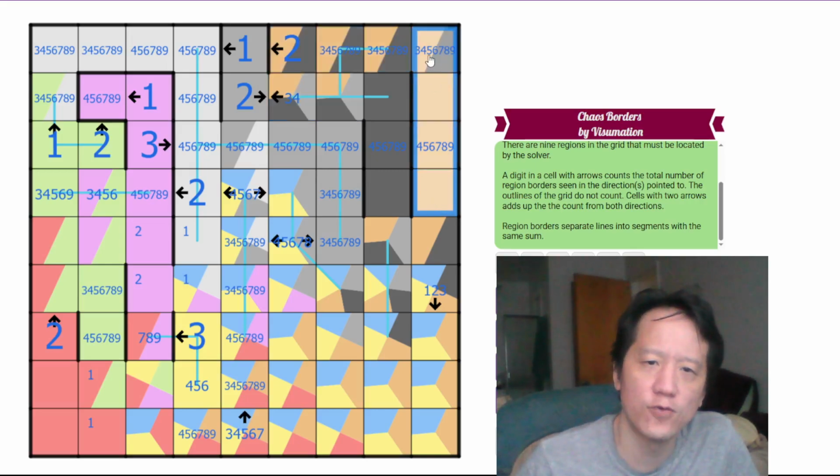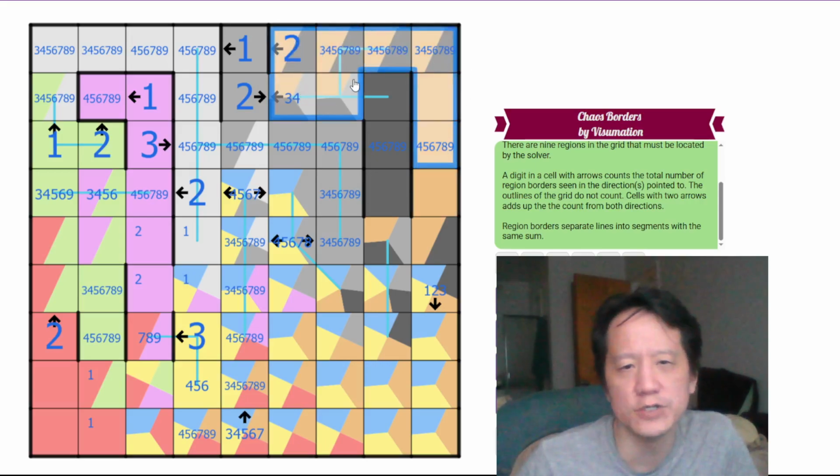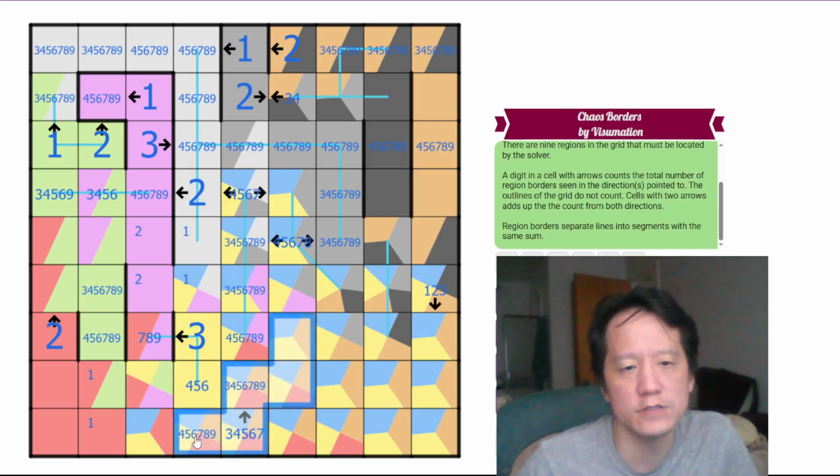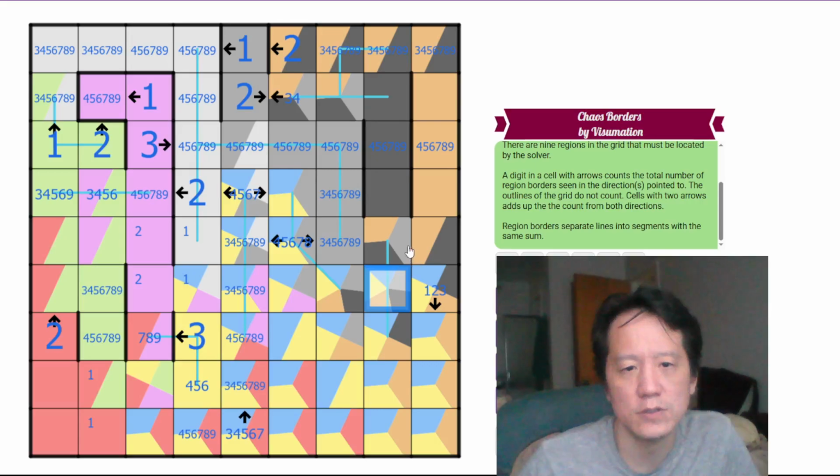You can't have 4 oranges here. You can't have a gray with an orange there. So say you had 4 oranges here. That doesn't work. So orange cannot actually get to here according to this restriction. This can't be orange. You just can't reach there.